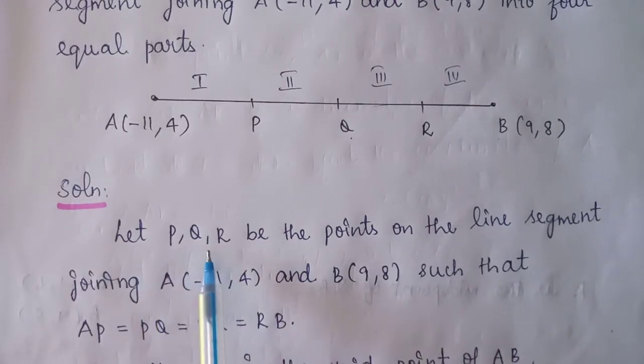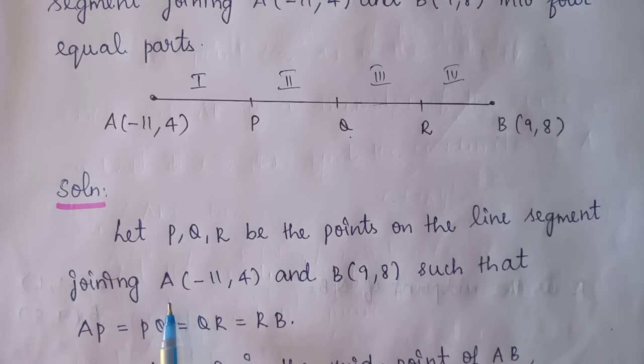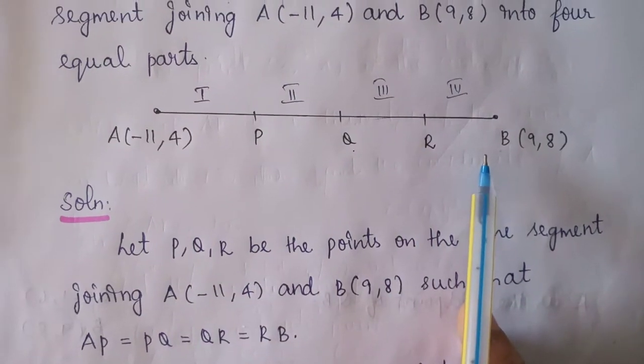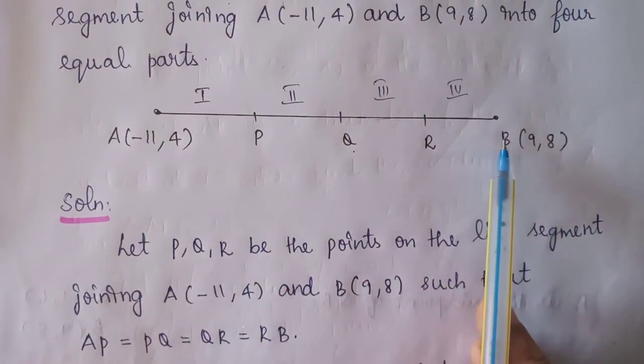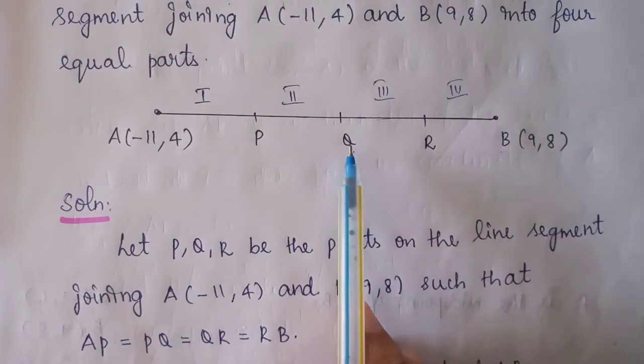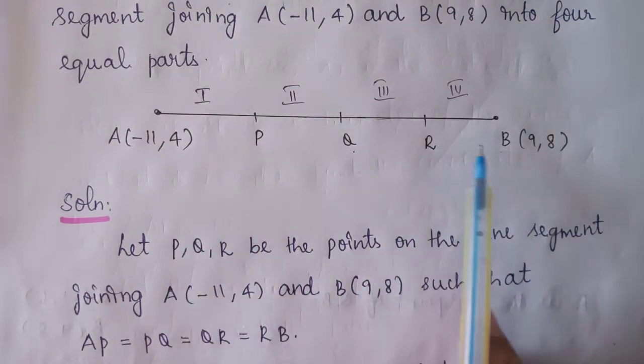Solution: let P, Q, R be the points on the line segment joining A(-11, 4) and B(9, 8) such that AP = PQ = QR = RB. So how we are going to divide the line is, first we have to find the midpoint of AB. You get the coordinate of Q, because Q is the midpoint of AB.